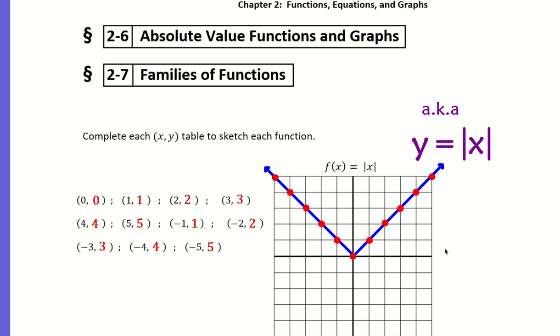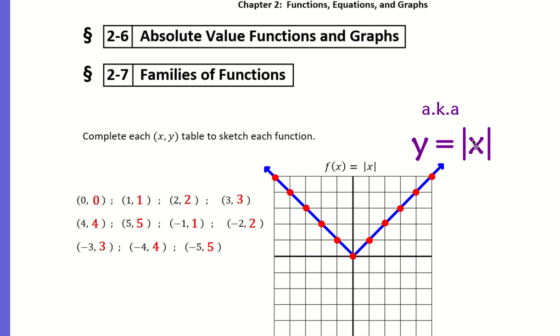Technically, there's how many points on this V graph? Technically, there's an infinite number of points on this graph. I mean, plugging in 0, 1, 2, 3, 4, 5, negative 1, negative 2, negative 3, negative 4, negative 5, that's not the only X values you can plug in. You can plug in 7. So if you plugged in 7, you'd get 7.